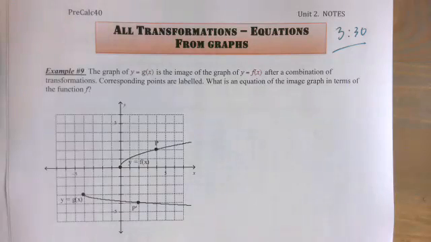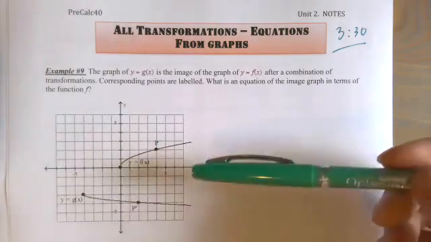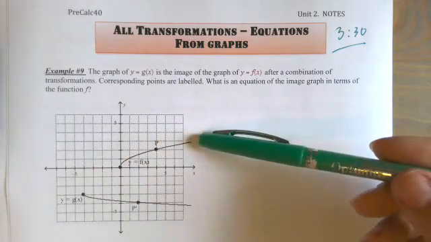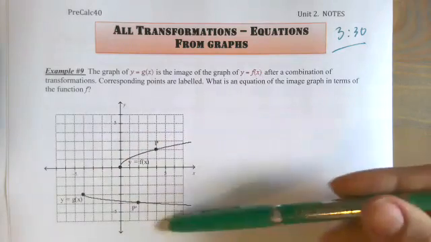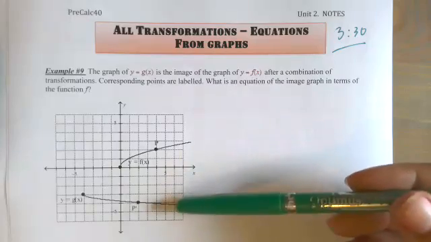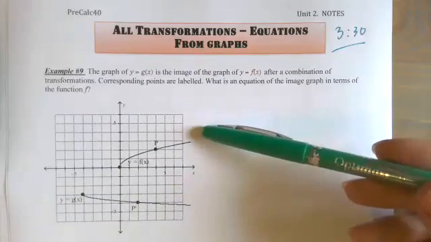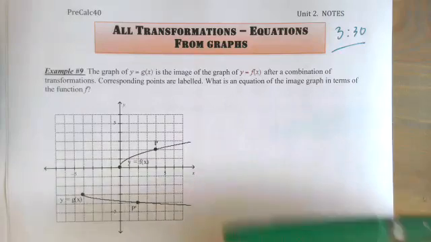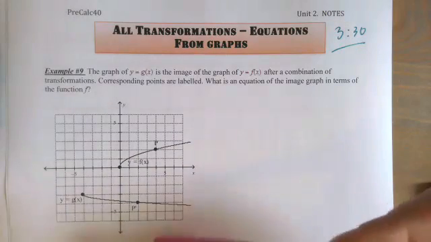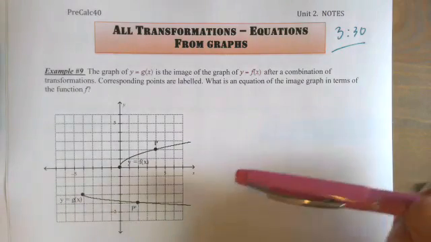If you're asked to go from an image of a transformation to an original graph and deduce from those two graphs what kind of transformations were applied, it's a type of backwards question. With the types we have learned about, stretches and compressions and reflections, we actually have to factor those into the equation.